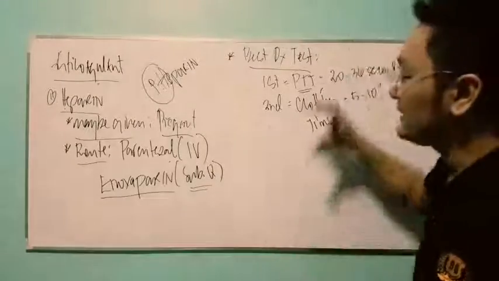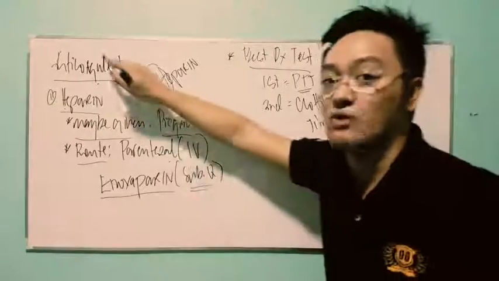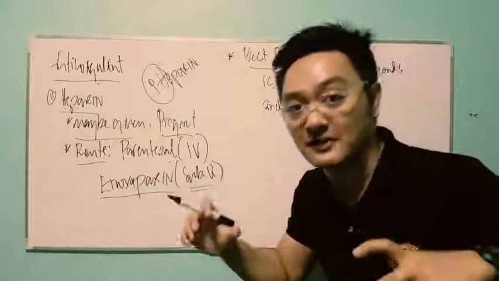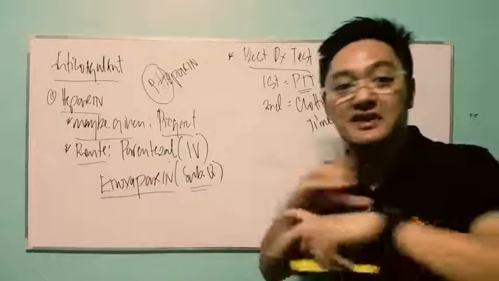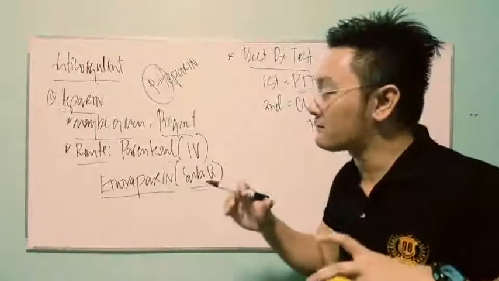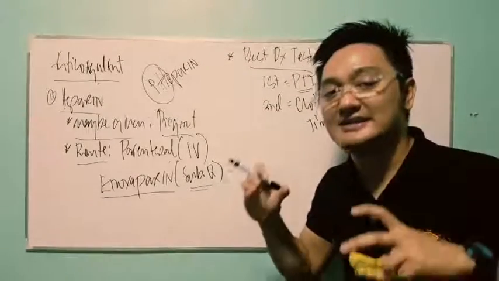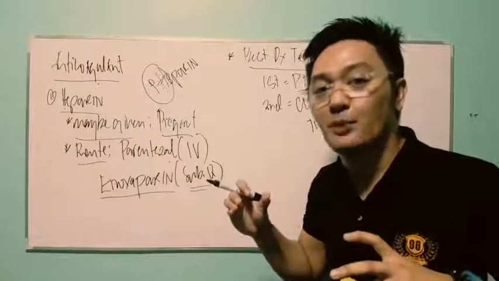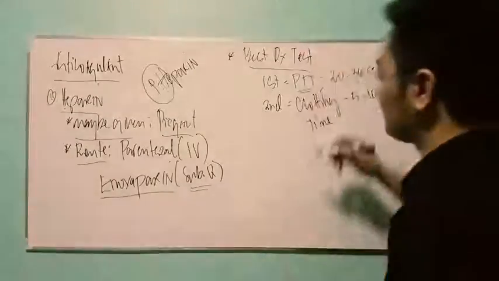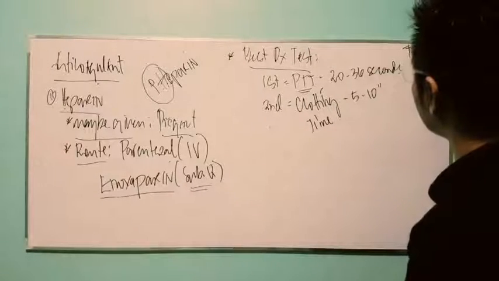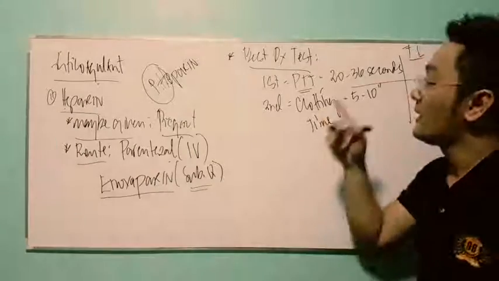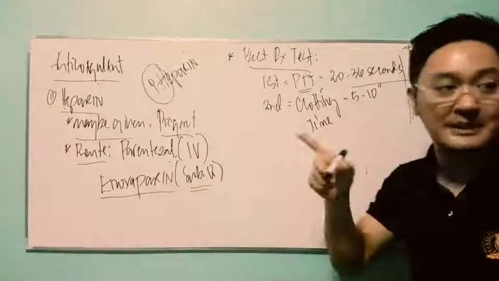But let me remind you, if your patient is taking the anticoagulant heparin, there is a specific therapeutic level. And if the patient is within the therapeutic level, it's okay. Now, the thing to remember, the therapeutic level is actually 2 to 2.5 times higher than the normal range. Therefore, what do you think is the therapeutic level of your partial thromboplastin time, or PTT?